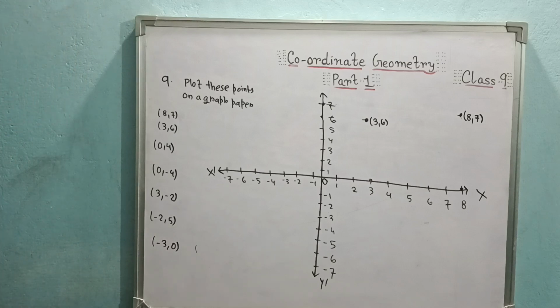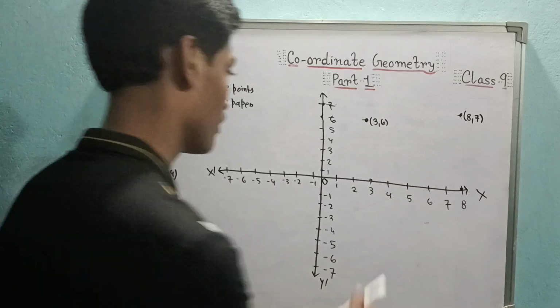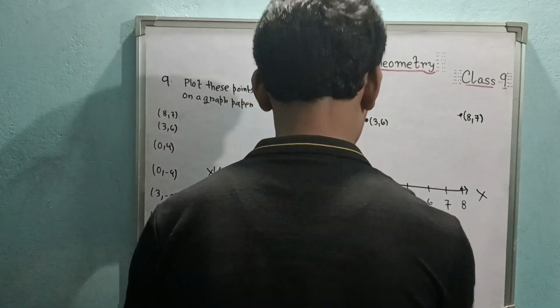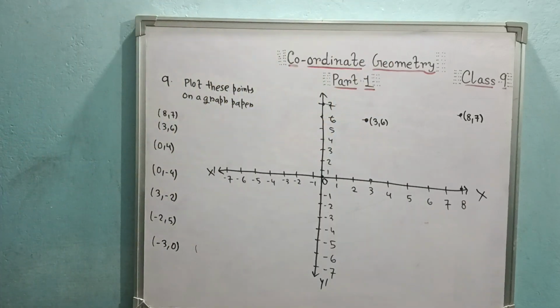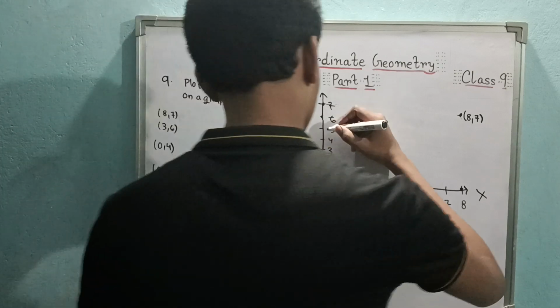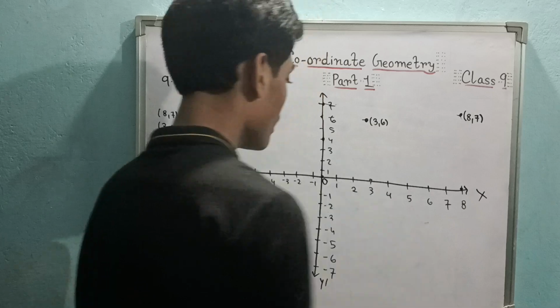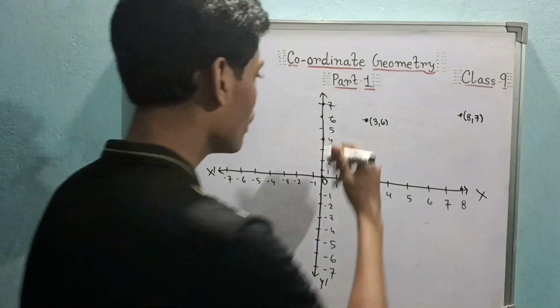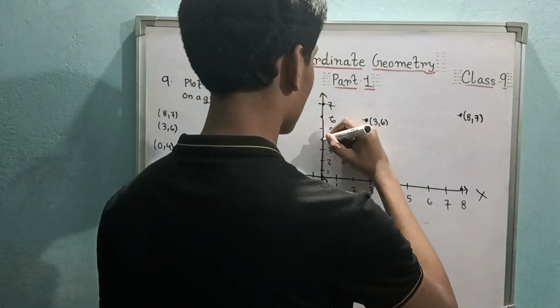Now 0, 4. So the abscissa 0 means 0 units on x-axis. So here. And ordinate 4 means 4 units on y-axis. So here. Now obviously the intersection of these two points will be here only.